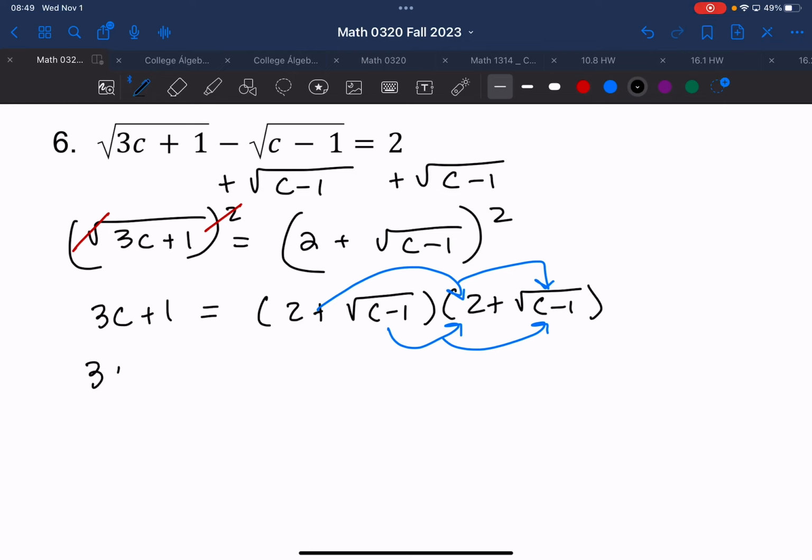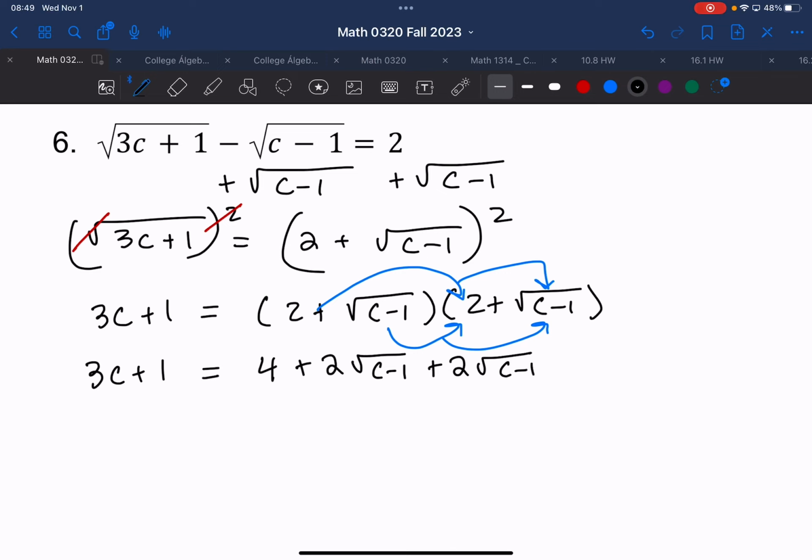So I have 3c plus 1 is equal to 2 times 2, which is 4. 2 times that radical, so plus 2 square roots of c minus 1. And then the bottom part, radical times 2, so plus 2 square roots of c minus 1.